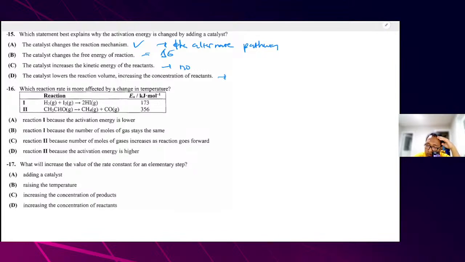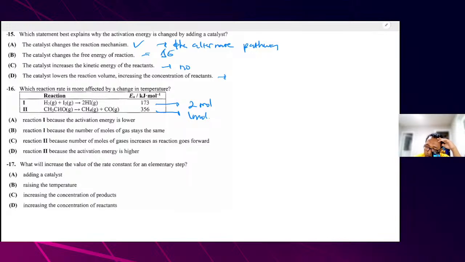Okay, number 16. Which reaction rate is more affected by a change in temperature? You know, the reactant in the first reaction consists of 2 moles, and this one is just 1 mole.